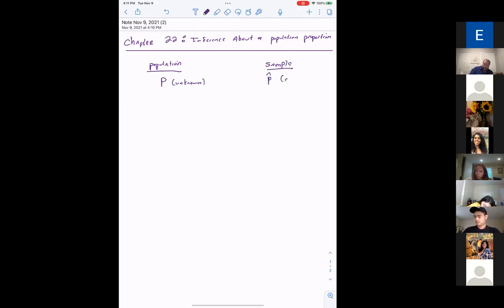This is calculated from the sample. It's determined by X, which is equal to the number of successes, divided by N, which is the sample size. So P hat is equal to X over N.